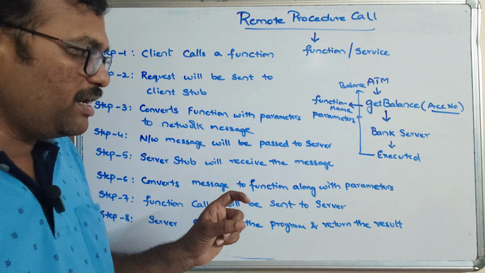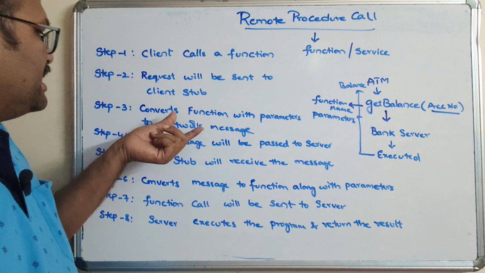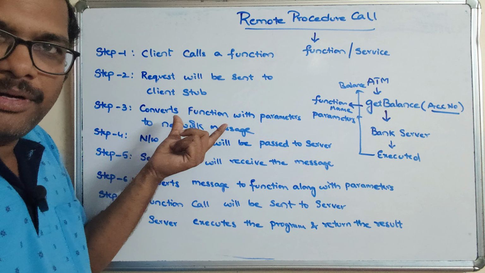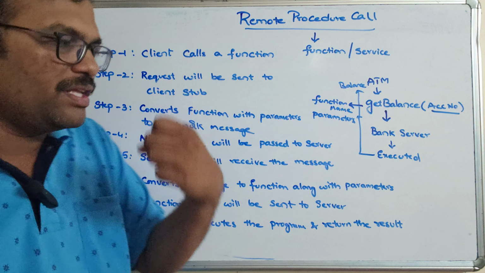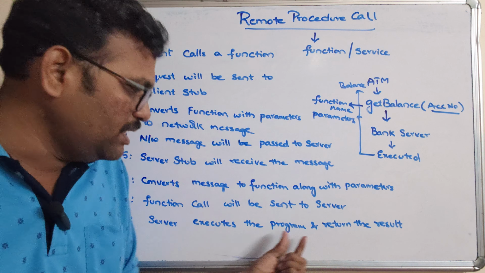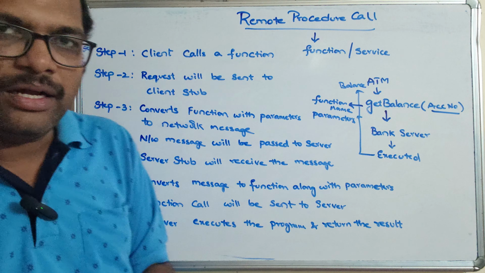Now the server stub will change the result into a network message, and that will be transmitted towards the network, and the client stub will receive the message from the server. And now the client stub will be extracting it, to send the result to the client.